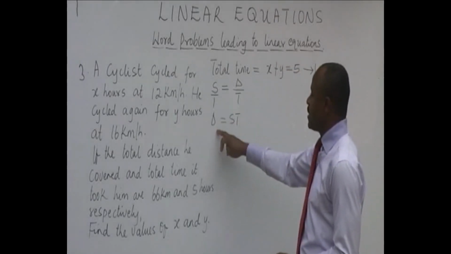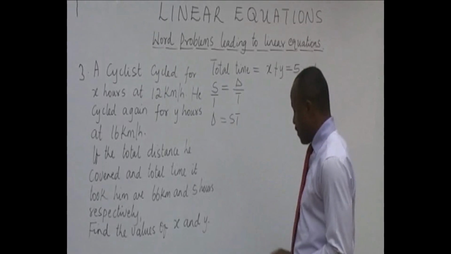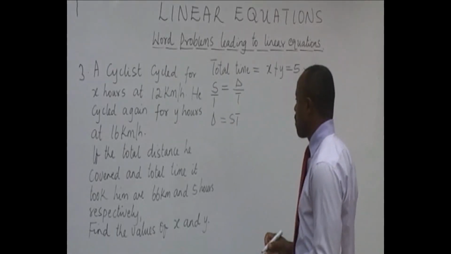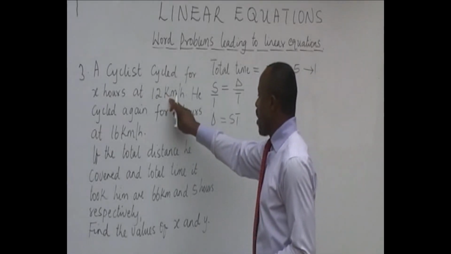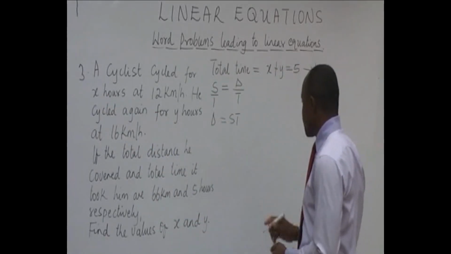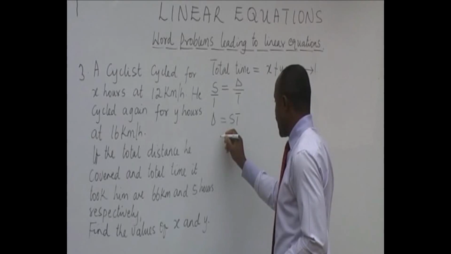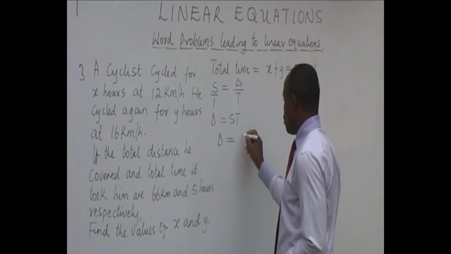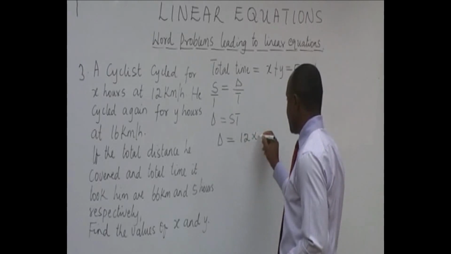Now, if distance is speed times time, you will discover that the first trip took 12 kilometers times x hours. First trip, the distance covered will be 12 times x.